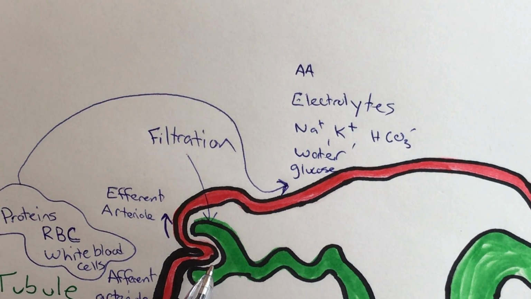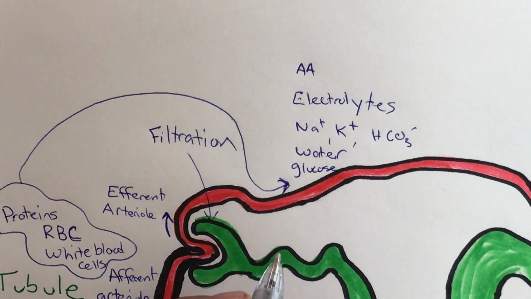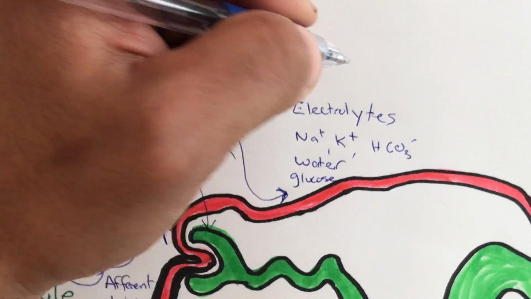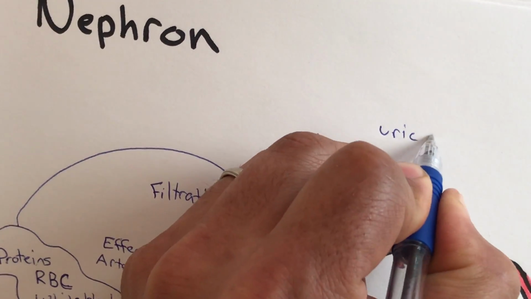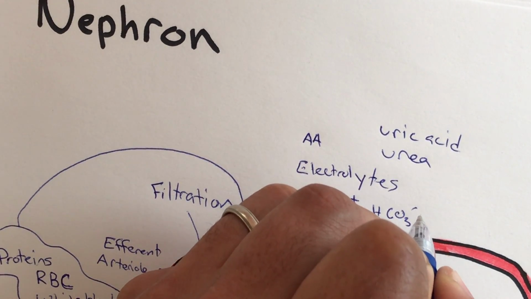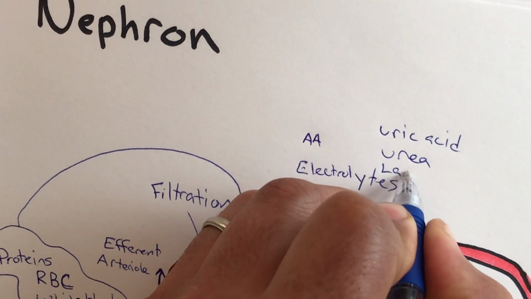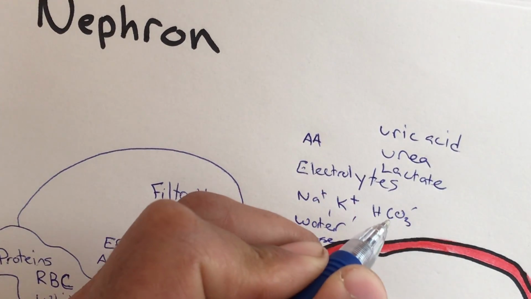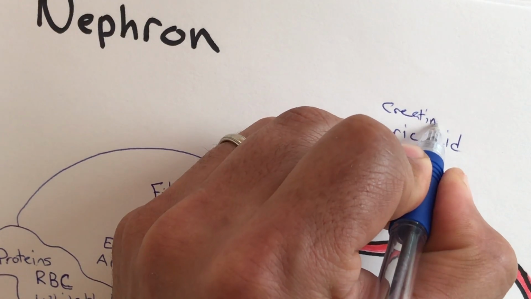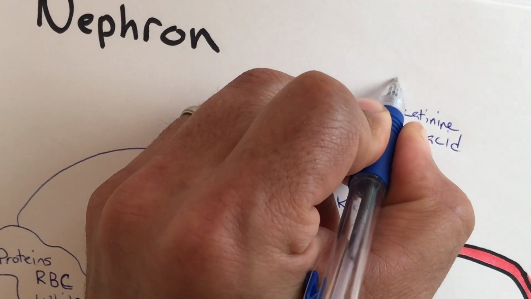So it's important to remember what filters through and what doesn't get through. We also have wastes that get through. We have uric acid, urea, lactate, creatinine, some drugs.